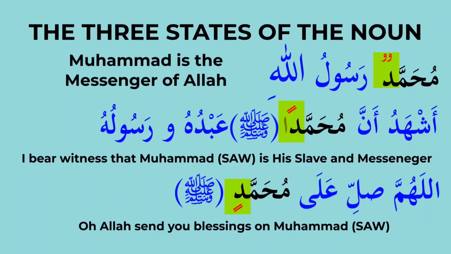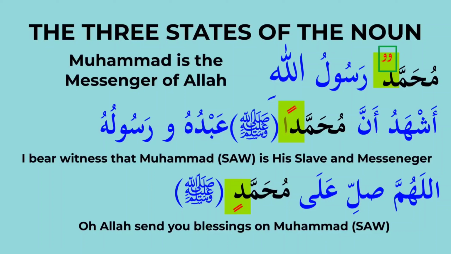What is the rule, brothers and sisters? That Arabic nouns decline. They have 3 different endings. They can end with a tanween dhamma, or with one dhamma if there is al there.